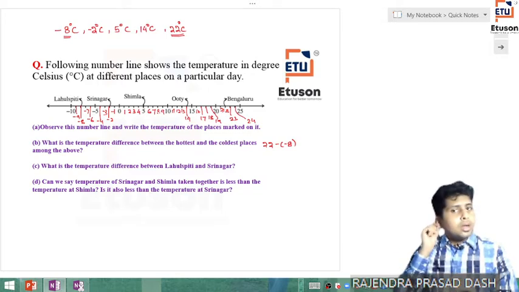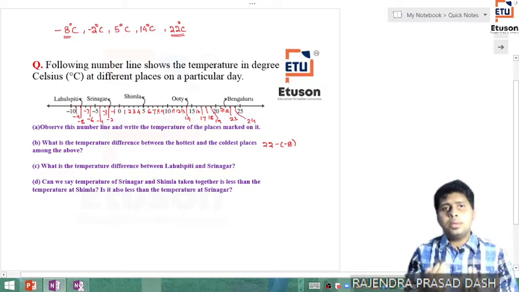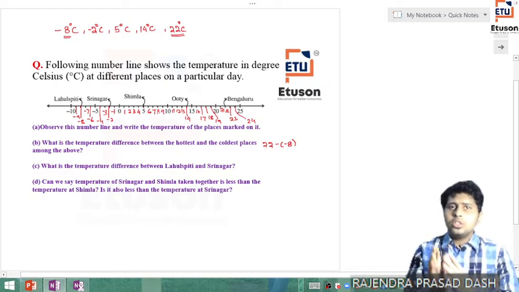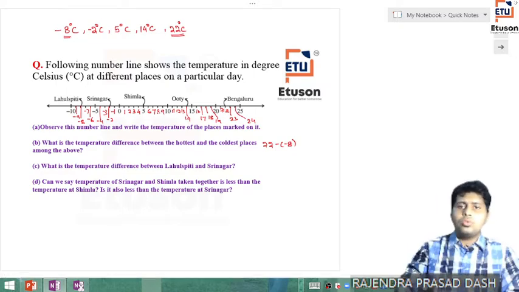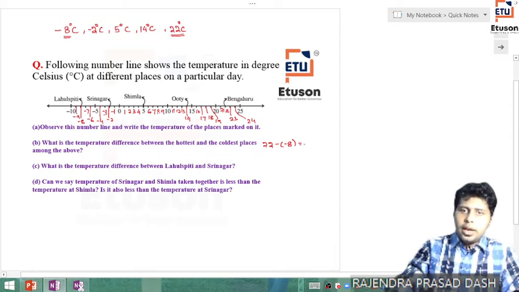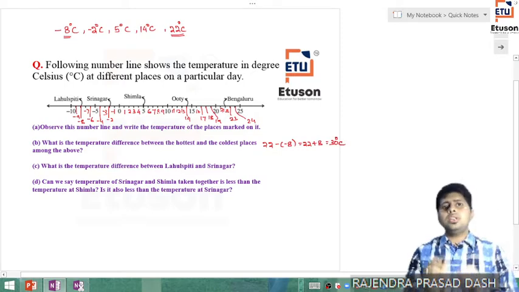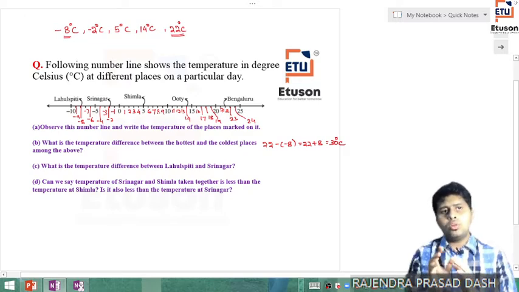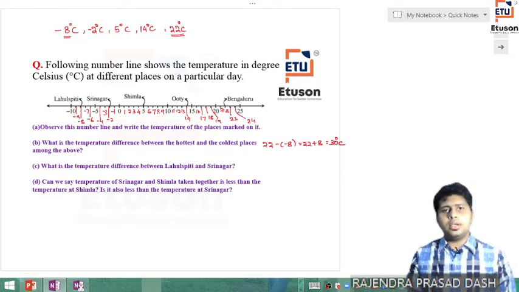So what is the additive inverse of minus 8? The additive inverse of minus 8 is 8. So I'll add 8 to 22. So 22 plus 8 comes to 30 degrees Celsius. So the temperature difference between the hottest and coldest place among the above is 30 degrees Celsius.